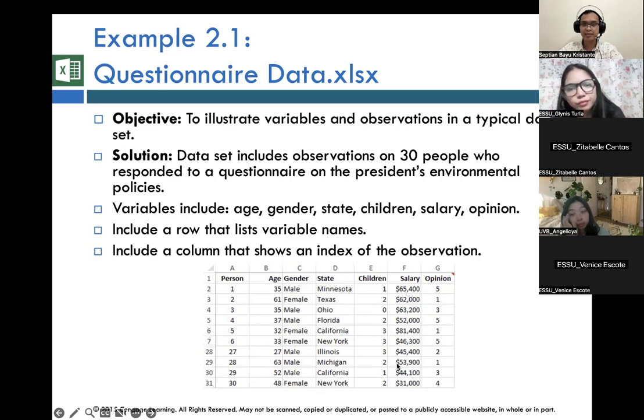It's a data set. So what kind of variables? The variables should be taken with the differences like these ones.